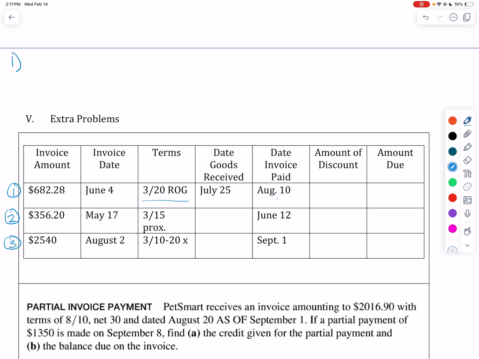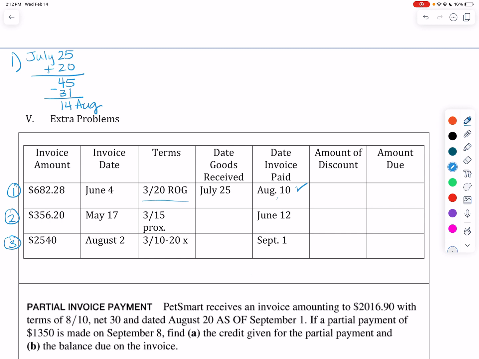Receipt of goods, 20 days after the goods were received. If we have July 25th plus 20, that would be July 45th, and if we take out the 31 days of July, that leaves 14. So August 14th, and they paid by August 10th, so they get the discount.